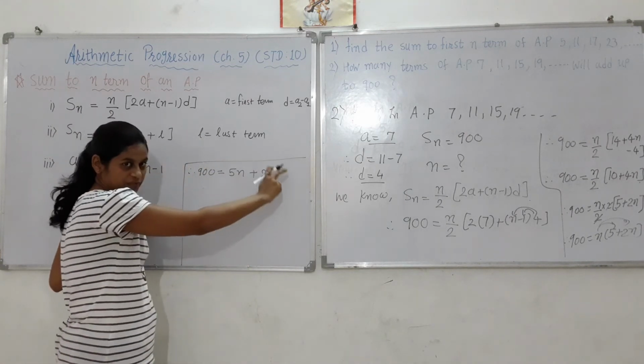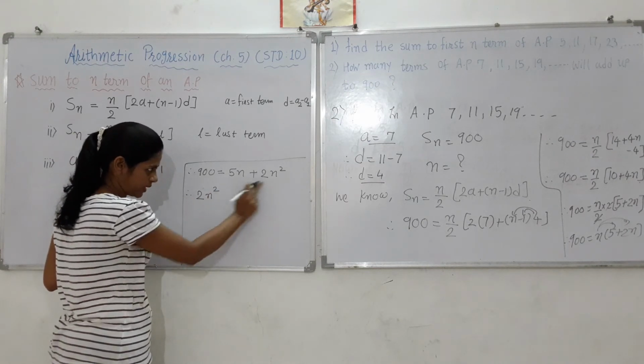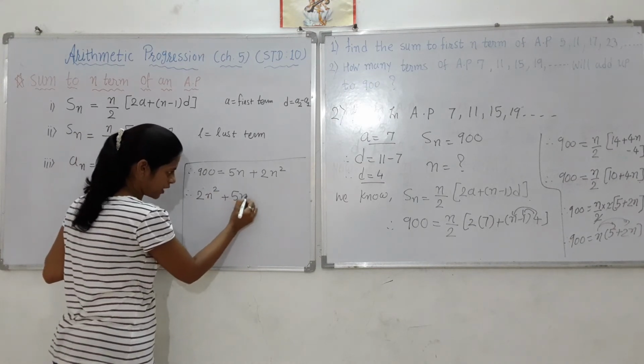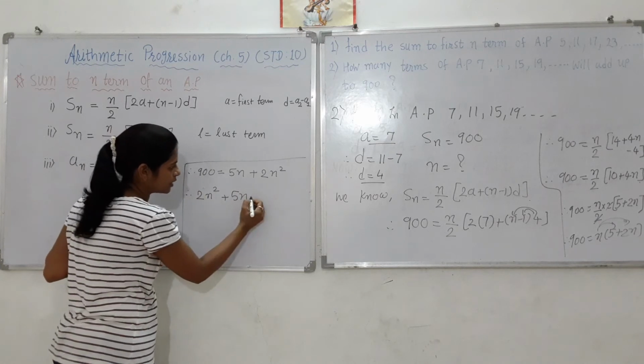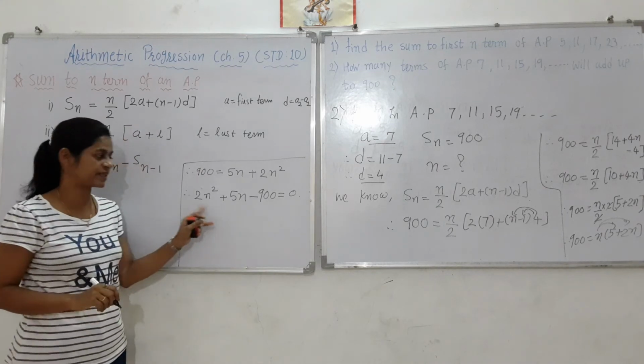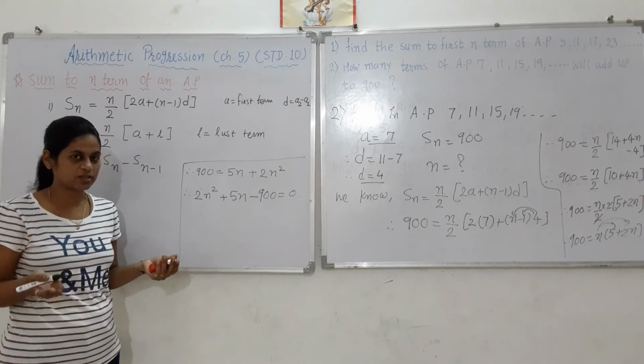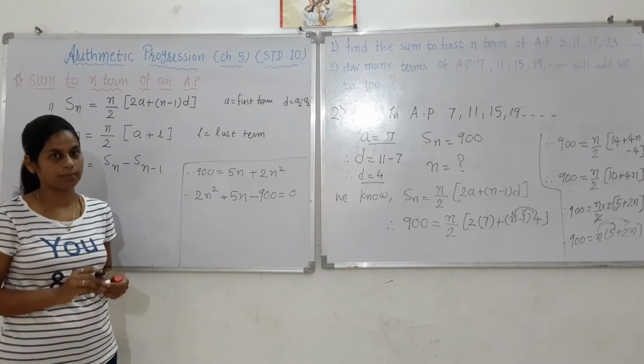Now change the side of this 900 here. So your quadratic equation becomes 2n square plus 5n, this plus 900 becomes minus 900, which is equal to 0. And definitely this is a quadratic equation in the variable n. So its solution you can find by splitting the middle term.